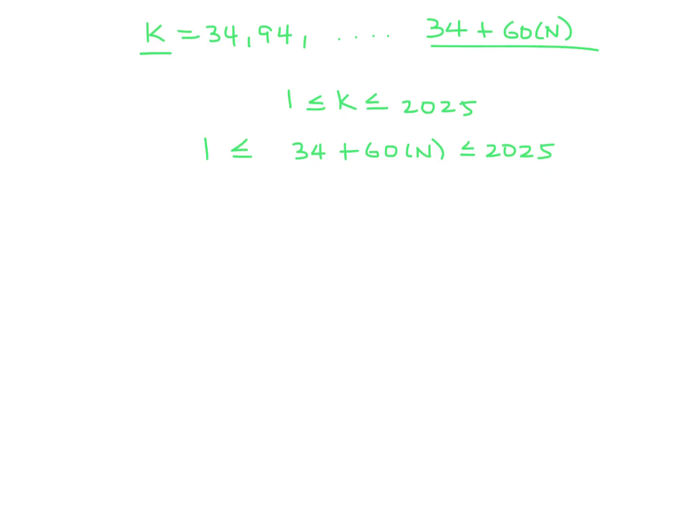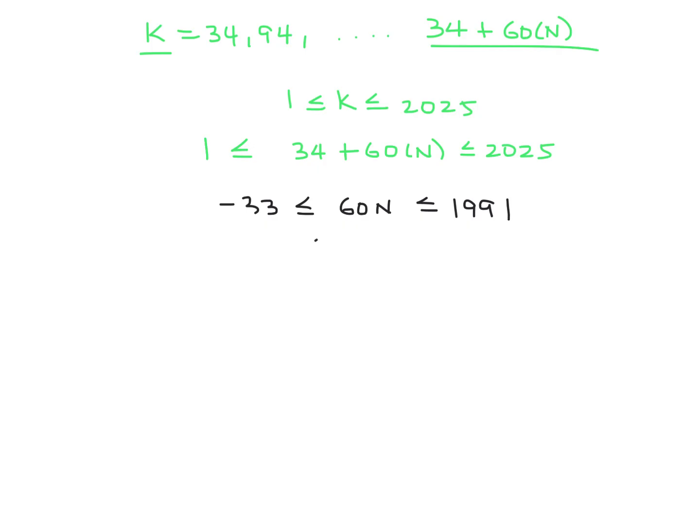So now we're going to have to do some algebra. First we have to subtract the 34 from each side. So minus 33 is less than or equal to 60n, less than or equal to 1991. We're subtracting 34 from each side, right?